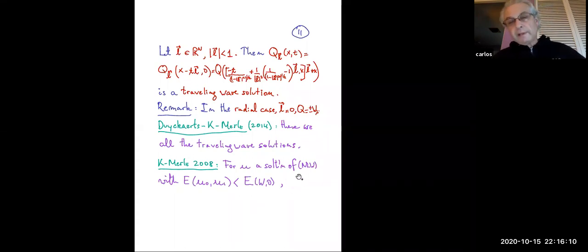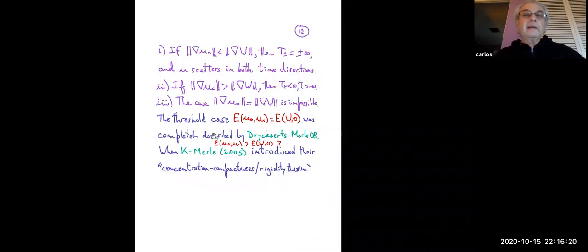Suppose we restrict ourselves to studying solutions of the nonlinear wave equation whose energy is strictly smaller than the energy of W. In that case, if the L2 norm of the initial data U0 is smaller than the L2 norm of W, the solution exists for all time, both positive and negative in time, and scatters in both time directions.